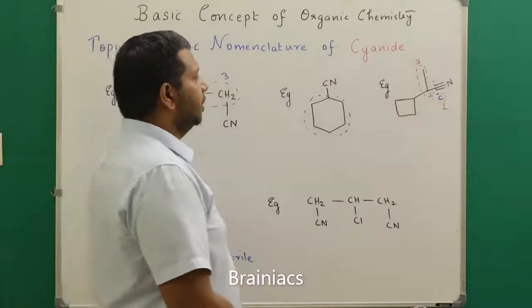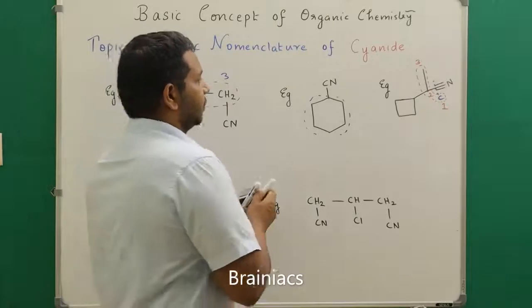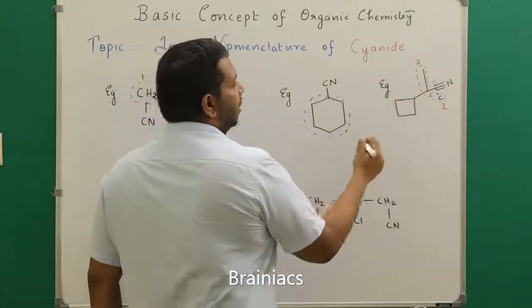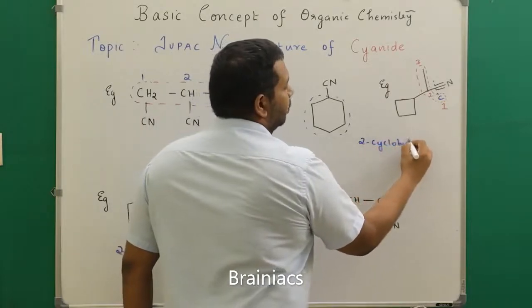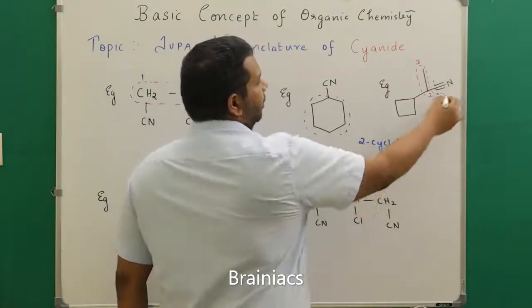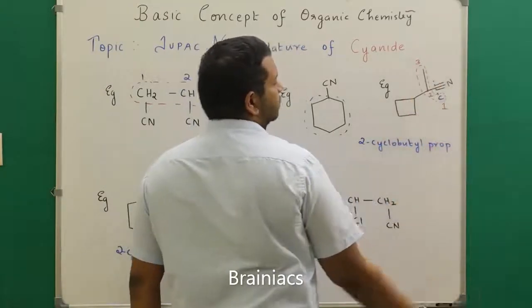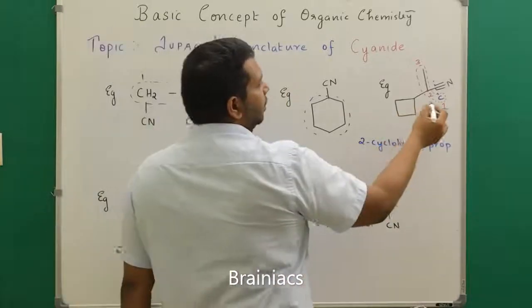Now tell me what should be the name of this compound. We know that at second position there is a substituent. That substituent is 4 carbon atoms, so cyclobutyl. So we say 2-cyclobutyl. Correct? In word root, 3 carbon atoms, so we use the term prop. 2-cyclobutyl prop. Correct?